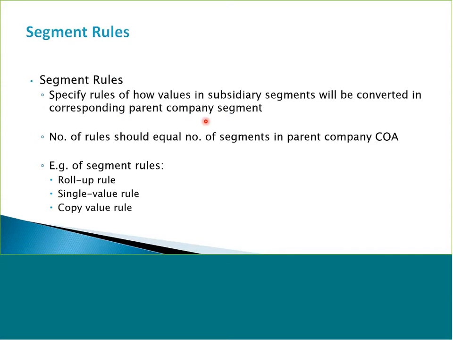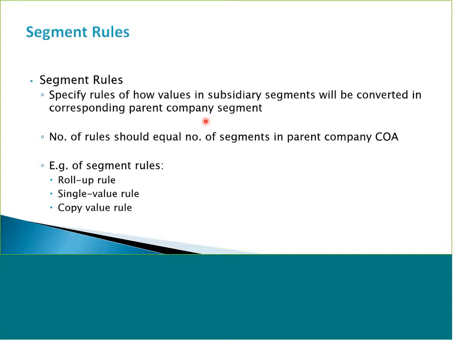Okay, now let's talk about segment rules. Segment rules specify how values in subsidiary segments will be converted into corresponding segments in the parent company, or in the parent chart of accounts. The number of rules you create should be equal to the number of segments in the parent company.